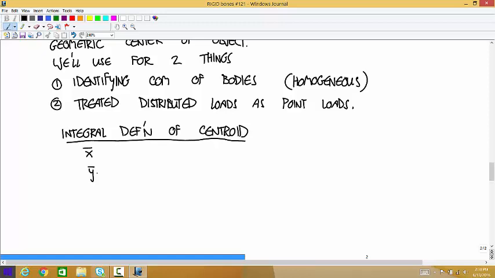X bar, y bar, that's the notation for the centroid, is equal to 1 over the area of the body times the integral over the entire area of x, y, dA. So this is the definition in 2D.